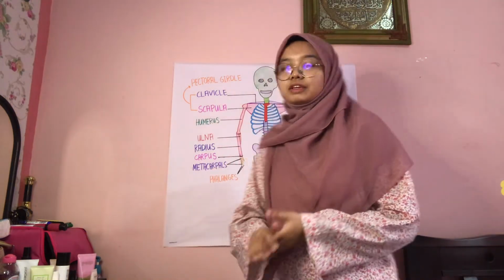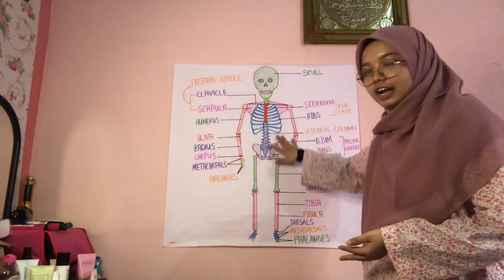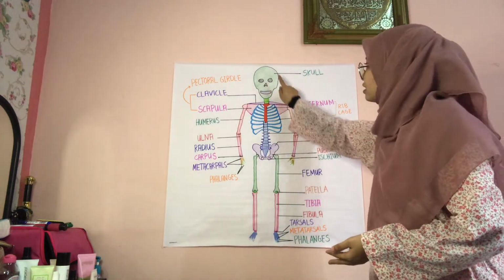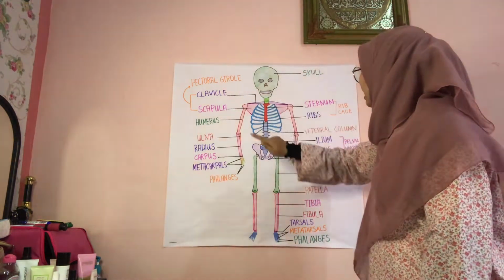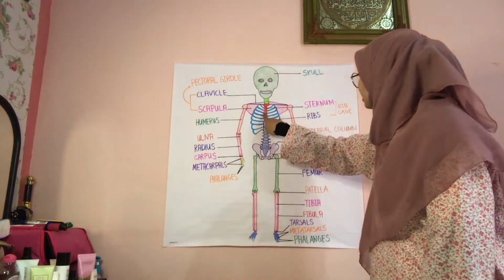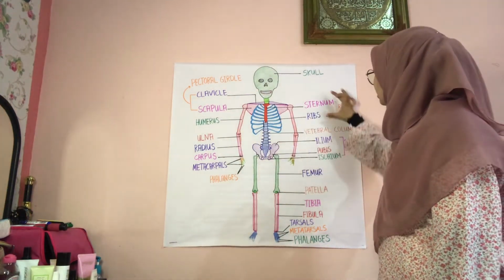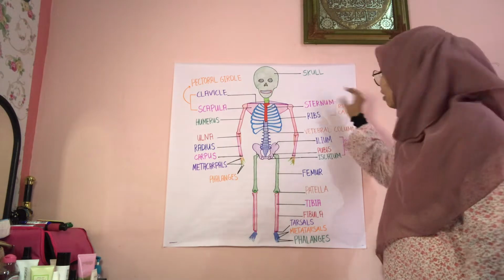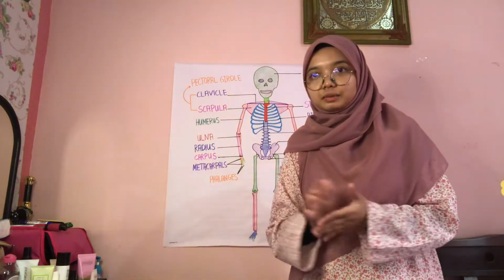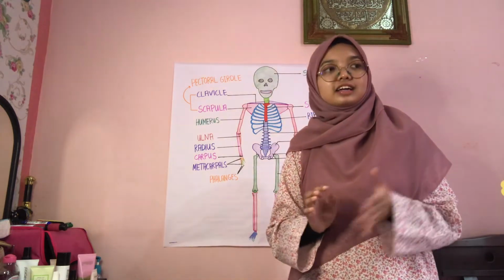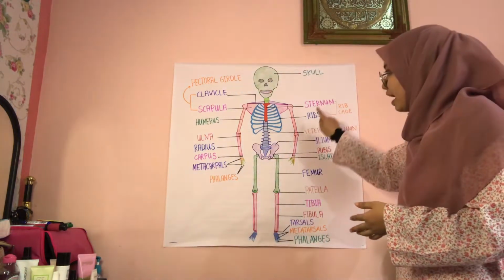Now we will start our class with this diagram. The first one is our skull. Our head is called the skull, and here is your sternum and ribs, and this structure is called the rib cage. If a question asks what the rib cage consists of, you must answer that it consists of the sternum and ribs.